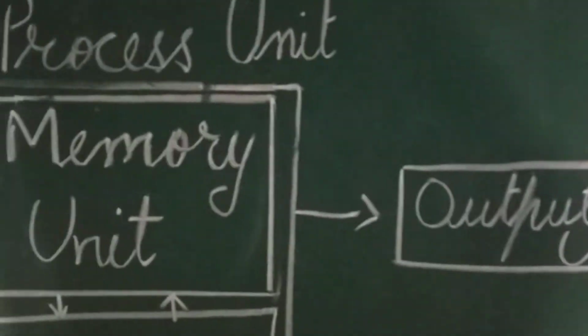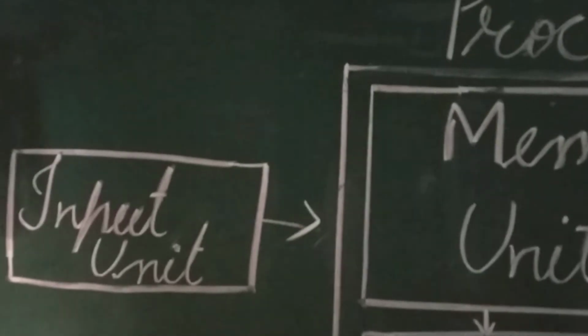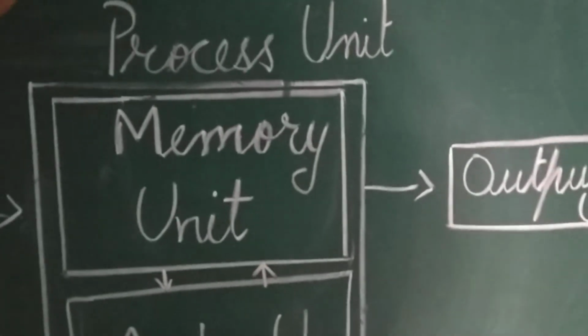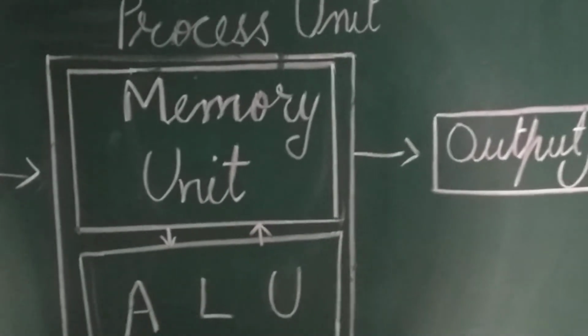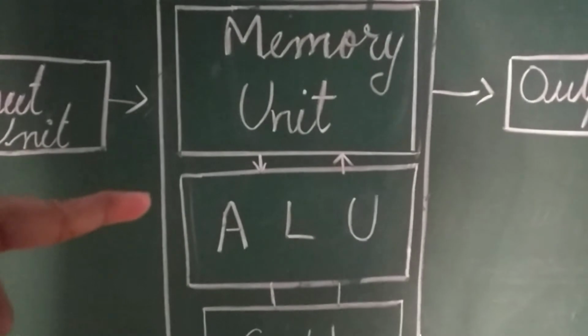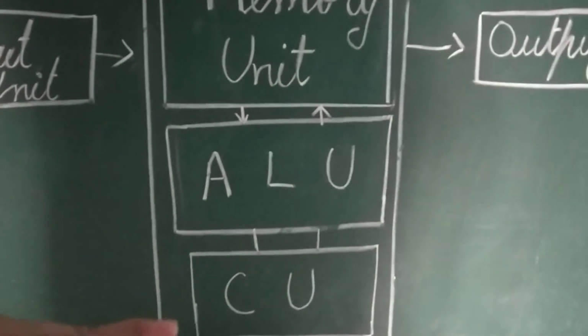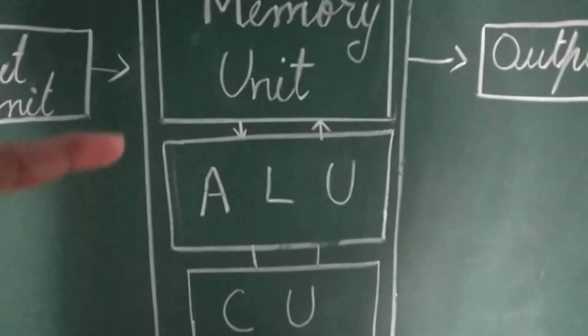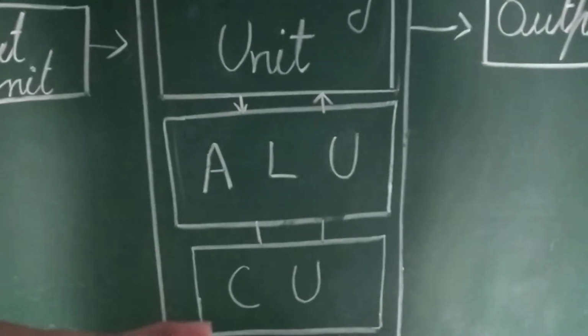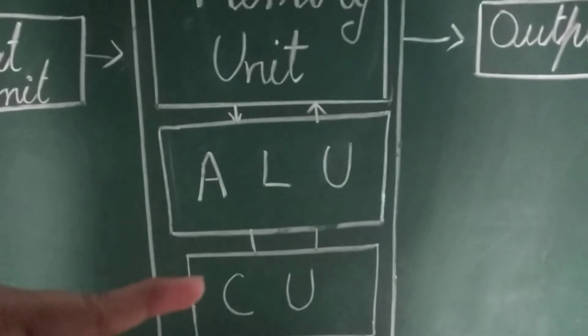Right? Here you can see the input unit, which you know very well: keyboard, mouse, etc. In the process unit, these three things come together: memory unit, ALU, and lastly CU, meaning control unit. ALU is arithmetic logic unit and CU is control unit.